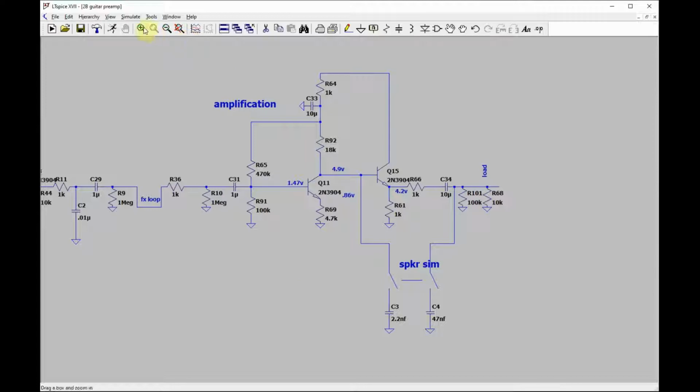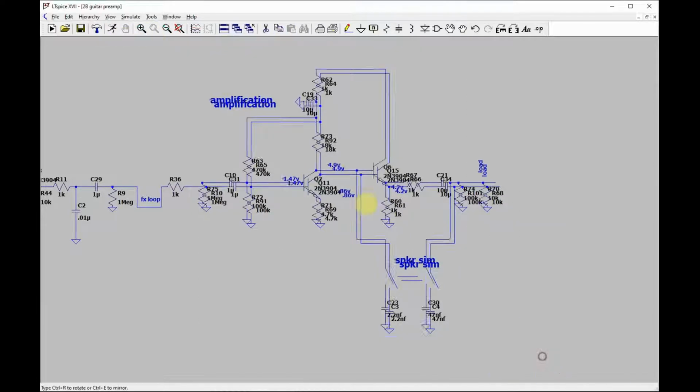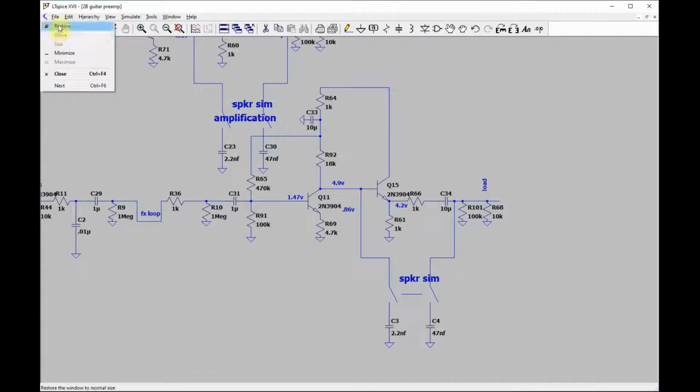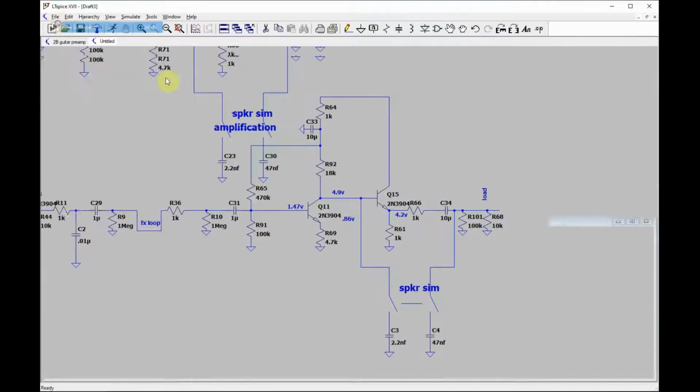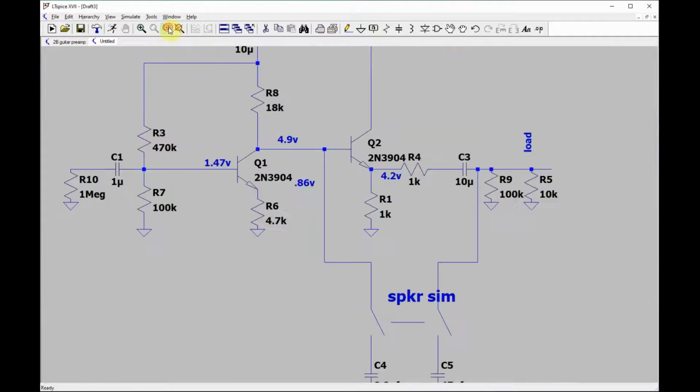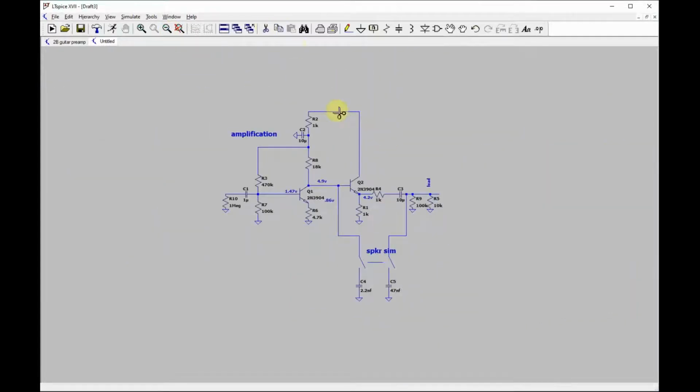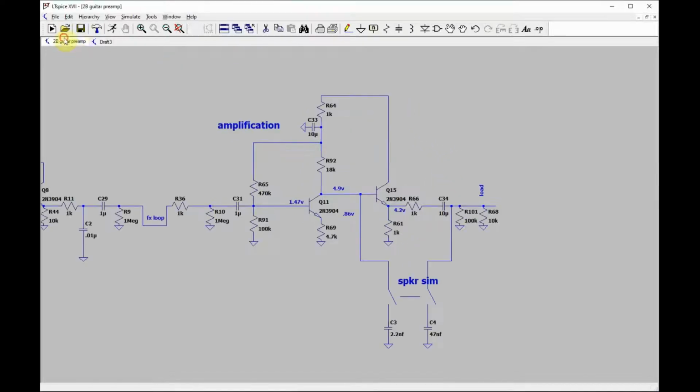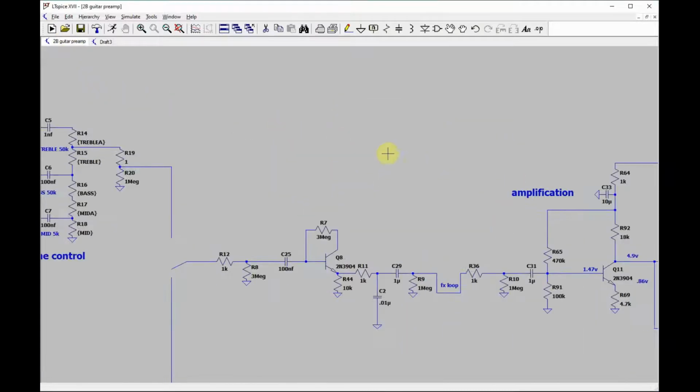So let's, well, I'm going to copy this and we're going to sort of simplify it a little bit. Schematic. Okay, I'm going to take the speaker simulation out of it. We can talk about that a little bit, but okay. So let's grab some power here.